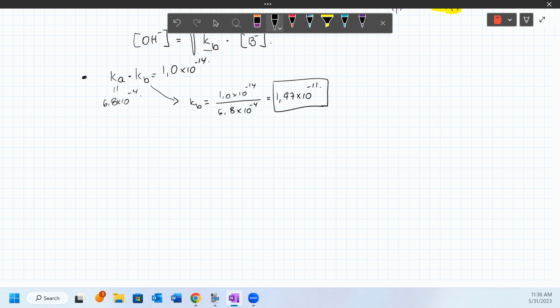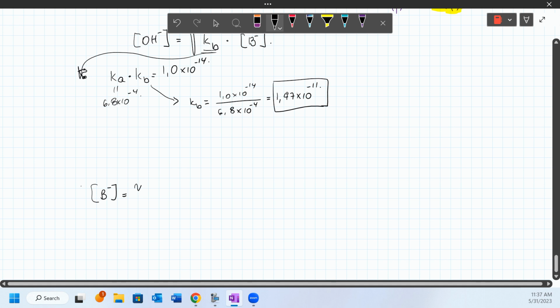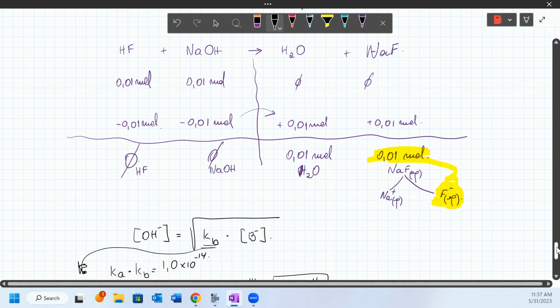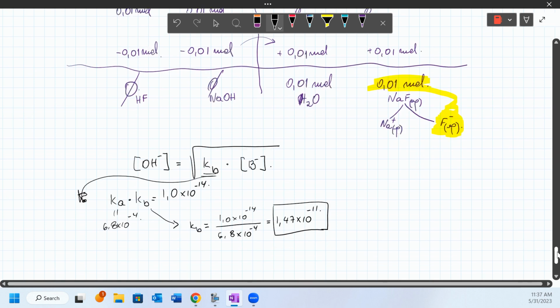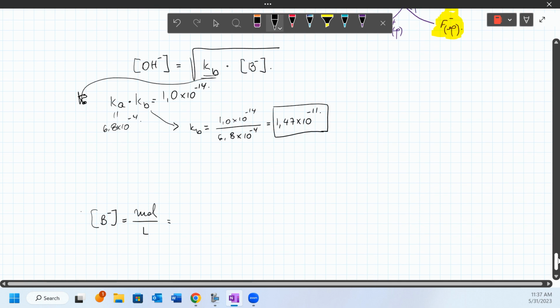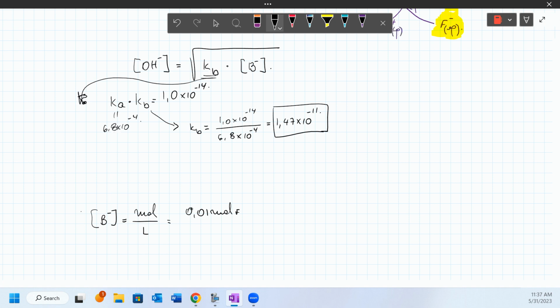So this will be the first thing in this formula. The second one will be the concentration of the base. The concentration is moles per liter. We know the number of moles because we found it through our moles ICE table: we have 0.01 moles of F minus over the liters.